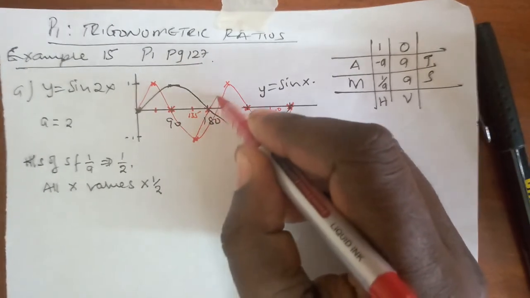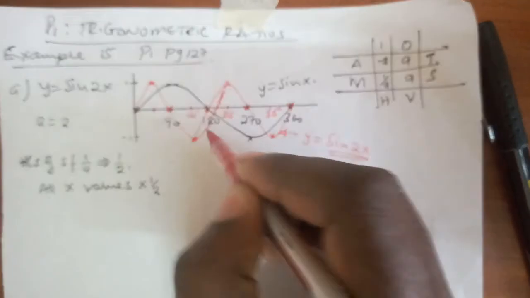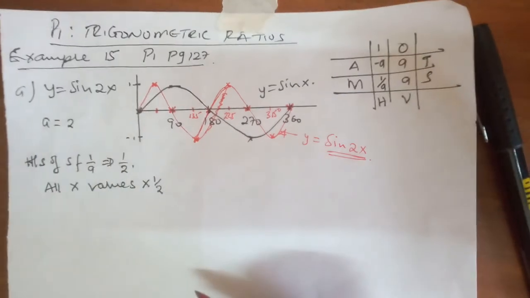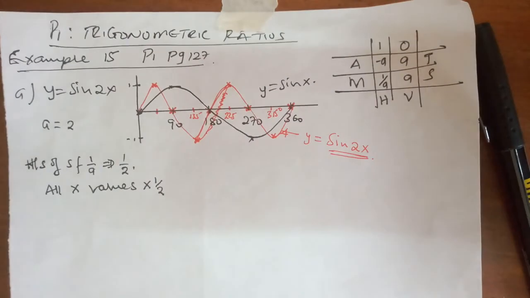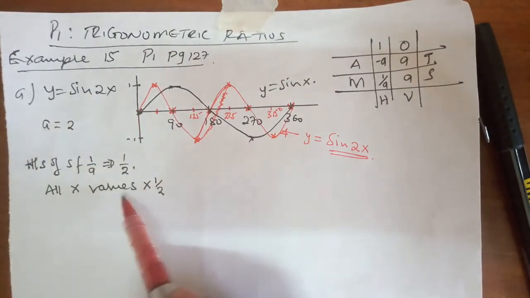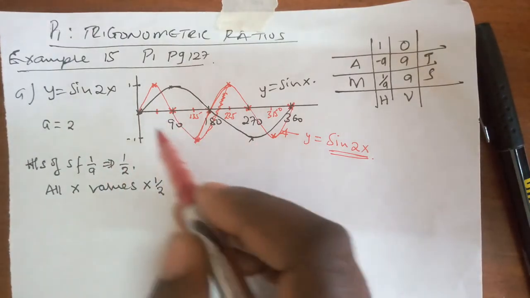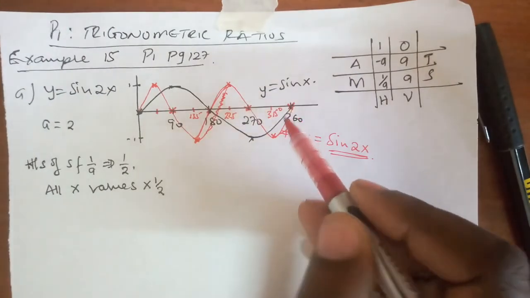The red line here is not correct. This is the graph which is correct, with a period of 180 degrees. So at the end of the day, there are two complete periods within the range of 0 to 360. This is one period, this is another period.